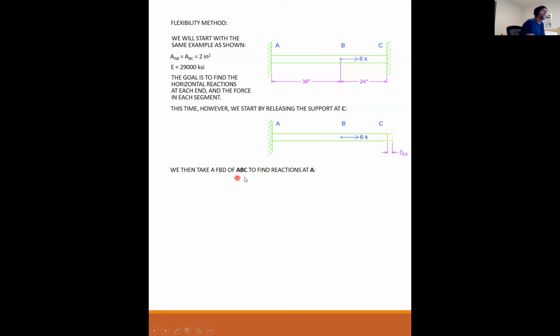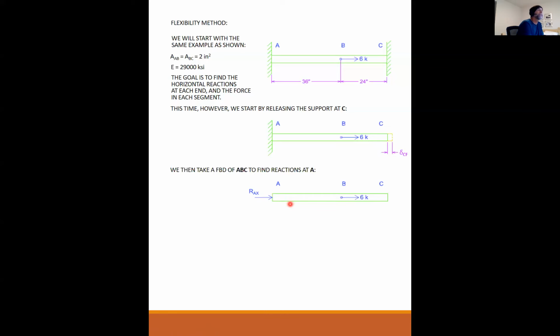So if we take a free body diagram of A to B to C and find our reactions at A, then this is our free body diagram. And basically from this point on, for axially loaded indeterminate members, I'm going to neglect the shear and the moment at A, as it's obvious that those are trivial and are 0 force members.